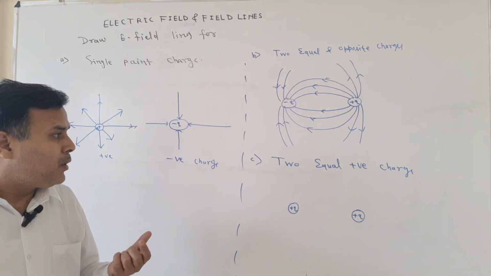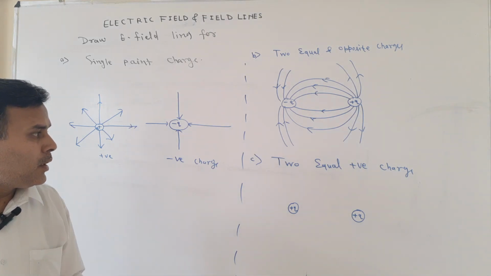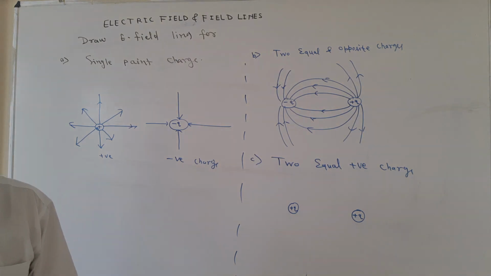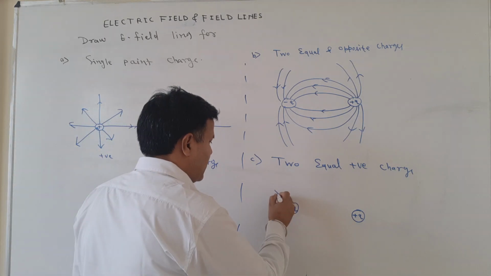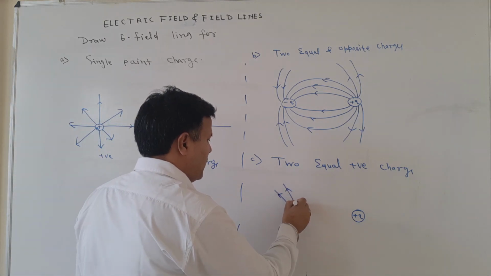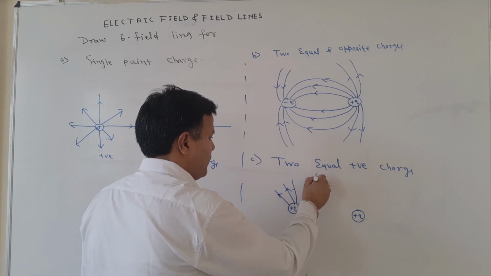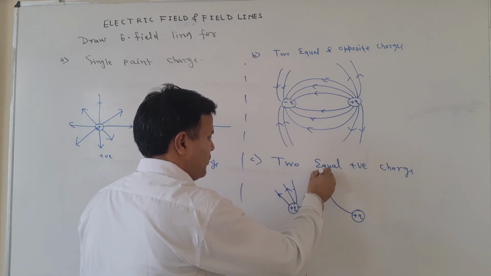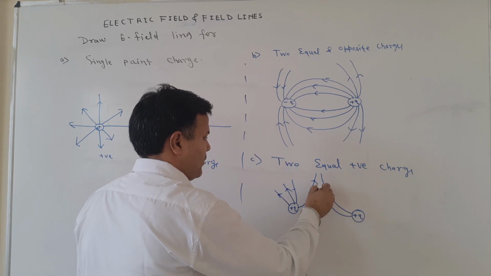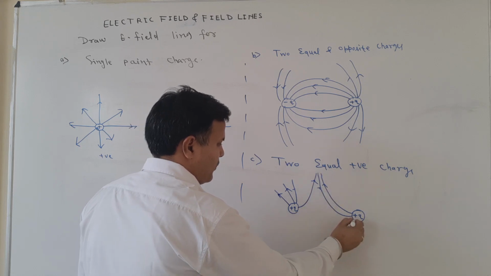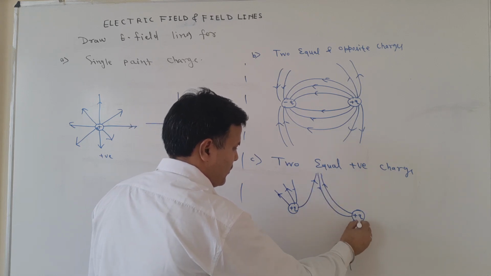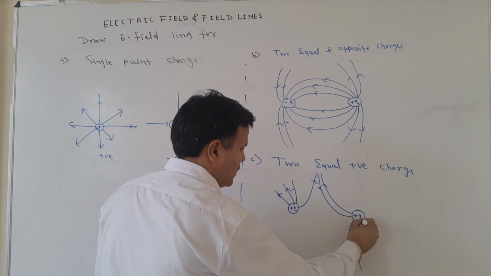If we have two equal positive charges, then electric field lines, electric field vectors, go away from the charges.